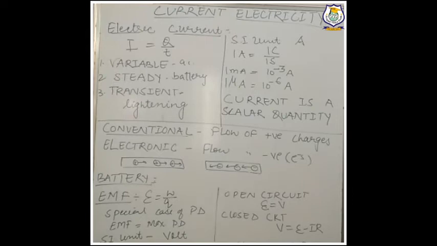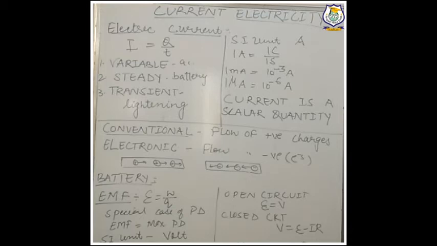Now if a small amount of charge dq flows through a conductor in a small time dt, then the formula will be I is equal to dq by dt. But if the current is steady, that is, the rate of flow of charge does not change with time, then I is equal to what? Q by T, where Q is the charge and T is the time.